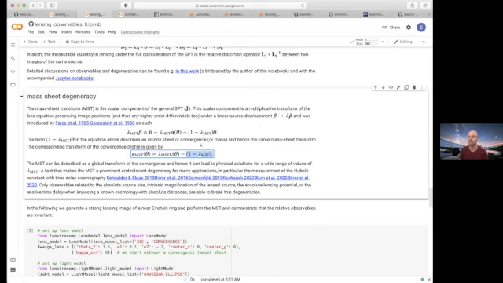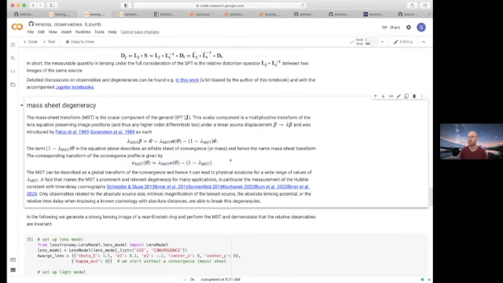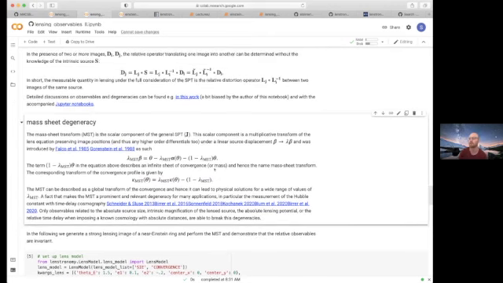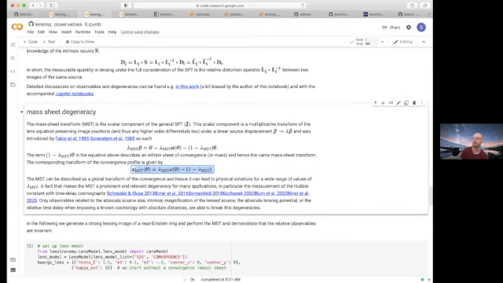So that is this specific degeneracy, and that's one of the major limitations for time delay cosmography, for example. And the reason for it, and you may want to do this exercise, is you can compute the time delays under this transform, and they're not the same.